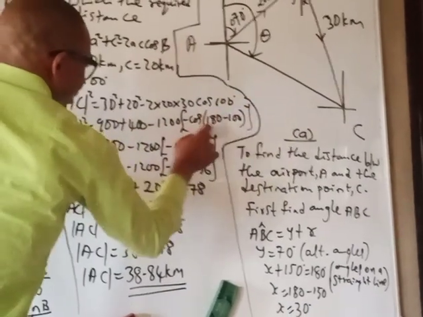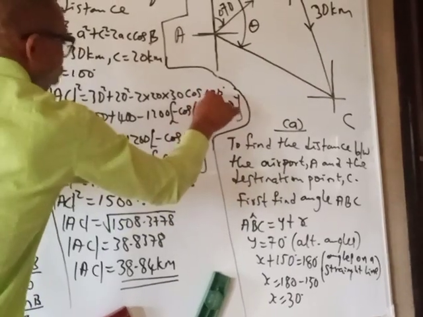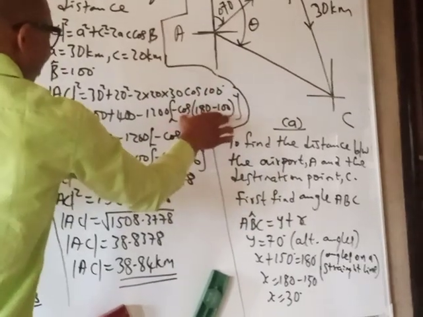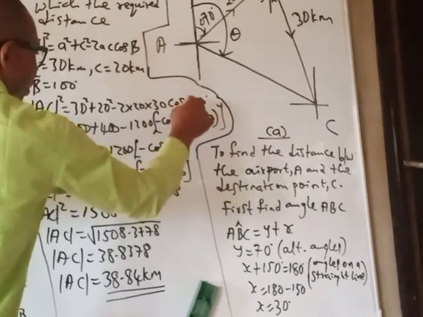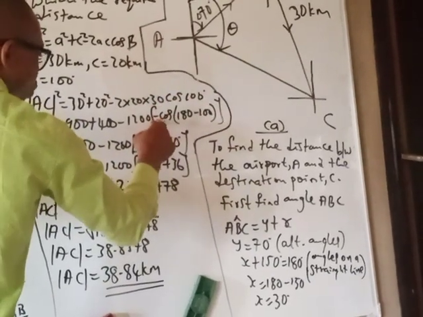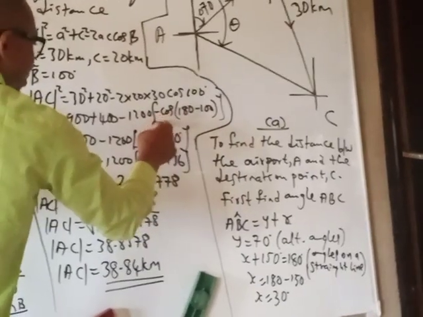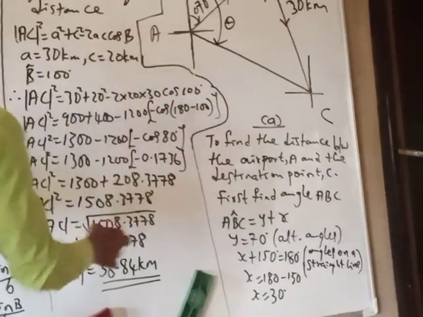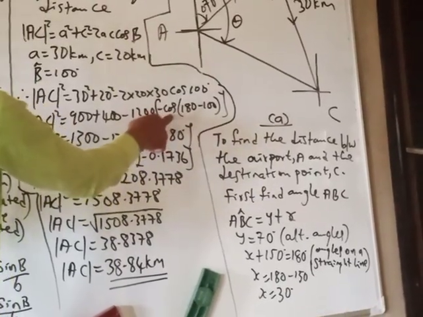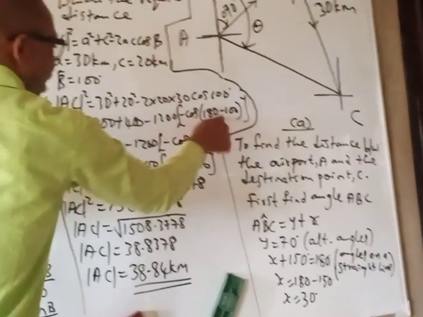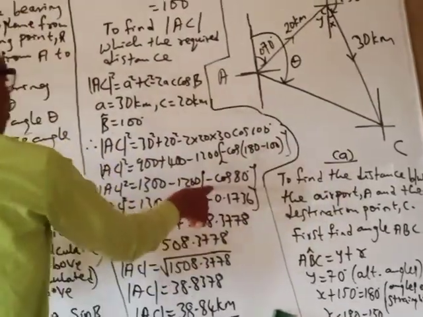Then in cos 100, 100 is in the second quadrant using the quadrant rule. We notice that cos is negative in the second quadrant. So we now apply the quadrant rule, which is, in bracket, minus cos, 180 minus 100, we now have minus cos 80 degrees.